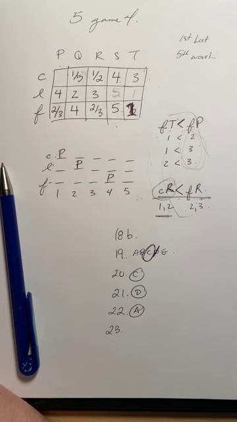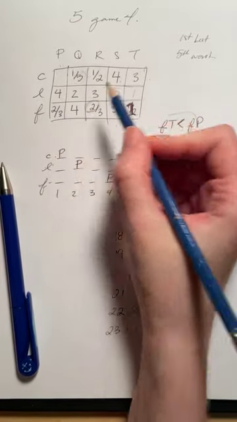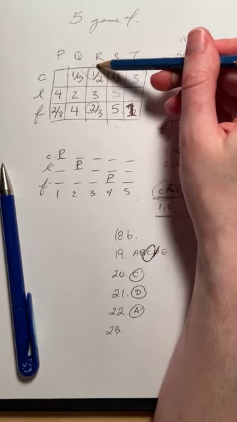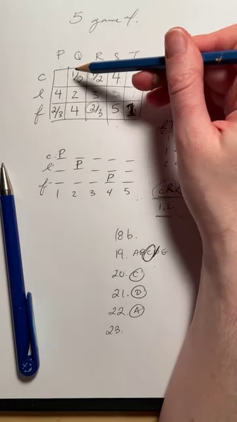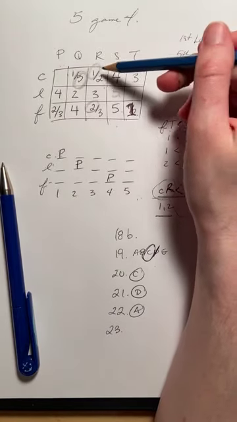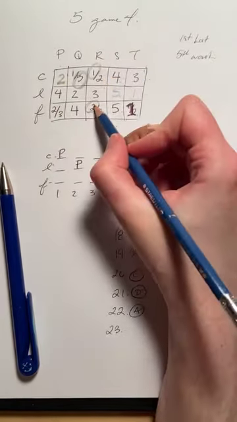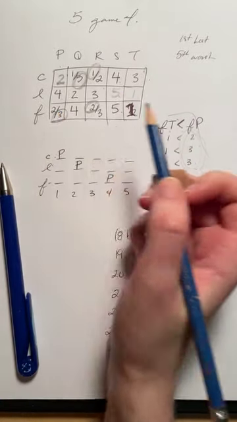Oh, and Riverdale is second in friendliness, which means it has to be first in climate, which means Q has to be 5th in climate, and the only ranking left here is second. 1, 2, this has to be a 3.